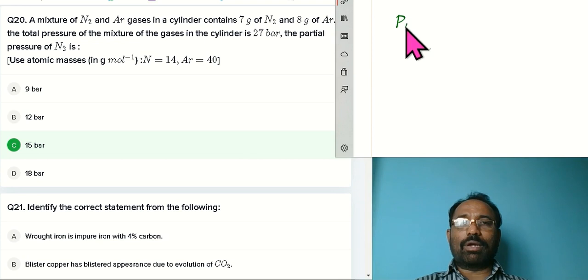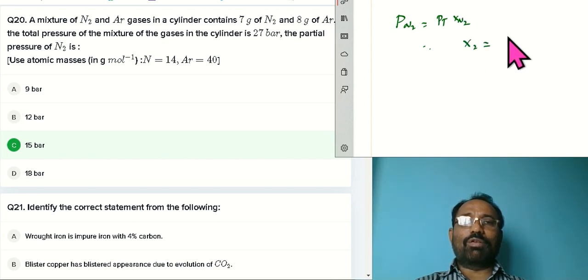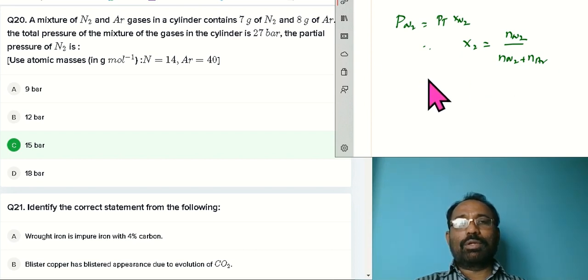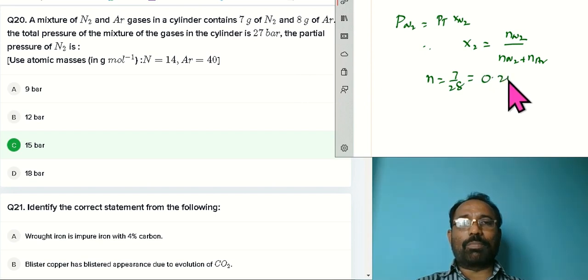Partial pressure of nitrogen equals P total into X N2. X N2 equals n N2 by n N2 plus n argon. Here n N2 equals 7 by 28, because the molecular weight of nitrogen is 28. This equals 0.25.